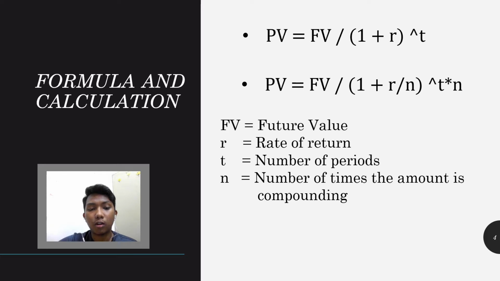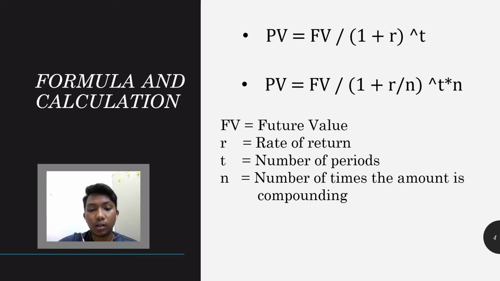Okay, so for present value, there are two formulas and calculations. For the simple formula, it is present value equals future value divided by (1 plus r) power t. For the compounded formula, it is present value equals future value divided by (1 plus r divided by n) power t multiplied by n.